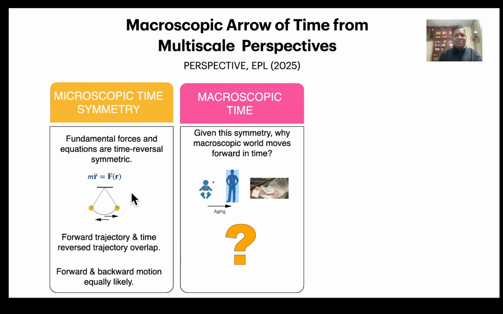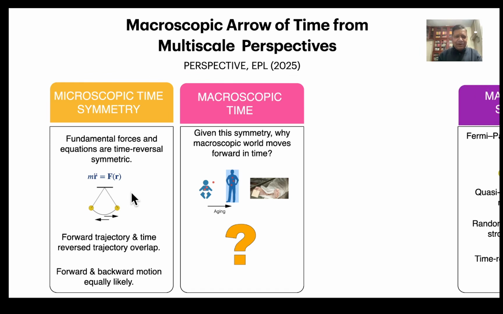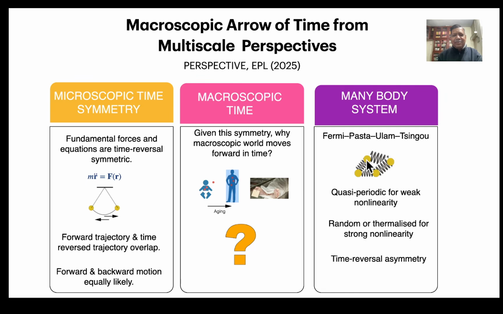So let's take a slightly more complicated example, but which is still an isolated system. Microscopic laws typically focus on idealized things like point particles, isolated system, but we'll just consider springs connected together, many of them, which is isolated. So energy is conserved in this system. Now this is the Fermi-Pasta-Ulam-Tsingou problem. For weak nonlinearity, the system is quasi-periodic. It has been shown numerically.